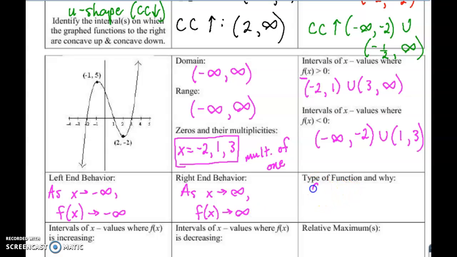Now, I would call this a cubic, because as you look at all of your zeros having a multiplicity of 1, I'm looking at the multiplicities and I'm adding them together. Equals 3. So maybe a better explanation, if I ask for one on a test, is to say the sum of the multiplicities.